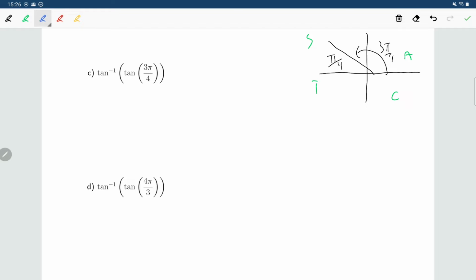And that means that the angle that we're going to get out of this will be an angle where tangent is negative. And since tangent inverse only gives us outputs in quadrant 1 and 4, and since we know that we're looking for an angle where tangent is negative, then I guess we have to be in quadrant 4. And we have to have the same reference angle as our given angle, which is pi over 4. So that must mean that our angle that we're talking about is negative pi over 4.